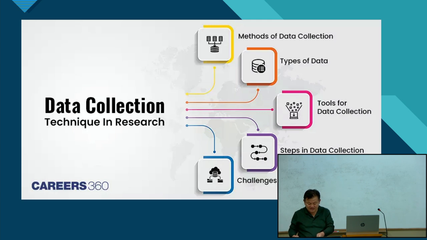Qualitative data is expressed in words and analyzed through interpretation and categorized. Simply, qualitative is expressed in words. Quantitative data is expressed in numbers. That's it. Quantitative is numbers. Qualitative is words.